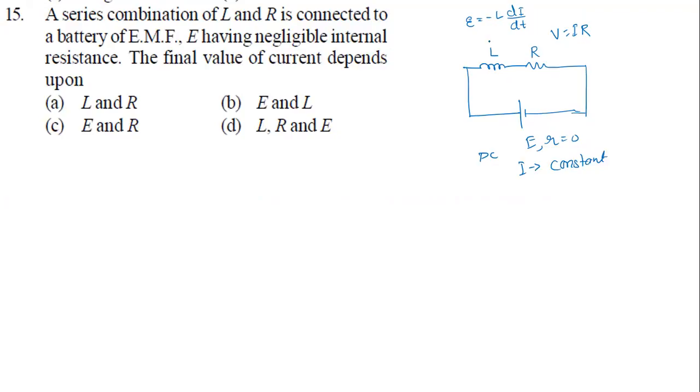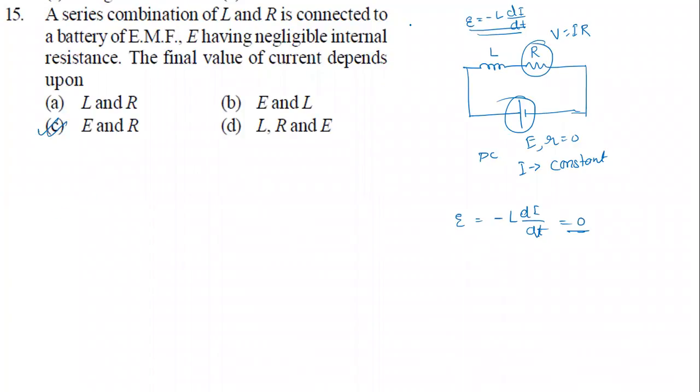Now, potential drop across the inductor is minus L times di by dt. I is constant, so this will become 0, right? So there is no induced EMF in the inductor. Then tell me, the final value of current depends on what and what now? The resistor and the battery, right? Because there is no EMF here. So it depends on E and R.